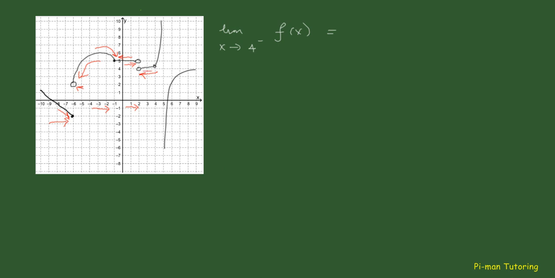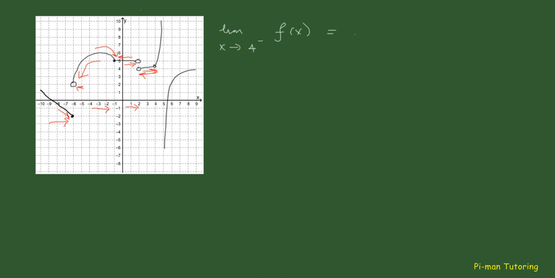So that means we're going in this direction, and we're getting closer and closer to a value of, let's say, 4.3. Even though there is a hole at x equals 4, in other words, the function does not exist at x equals 4, as we're approaching from the left-hand side, the value of the function is getting closer and closer to that value of 4.3. And that's sufficient to be able to define the limit.